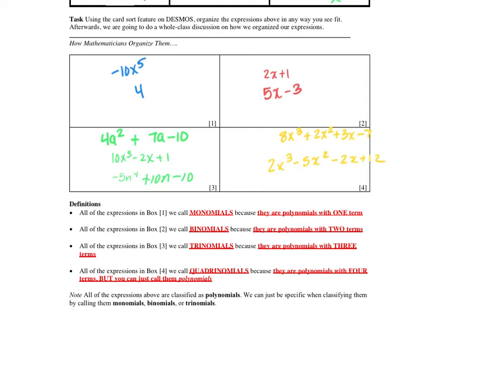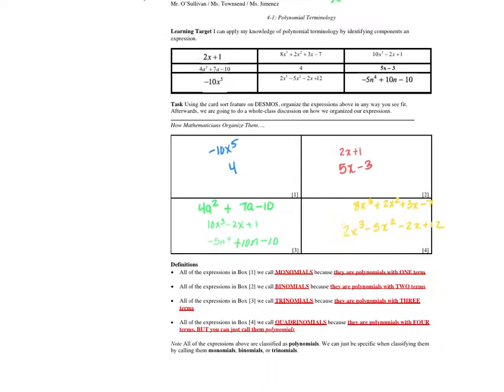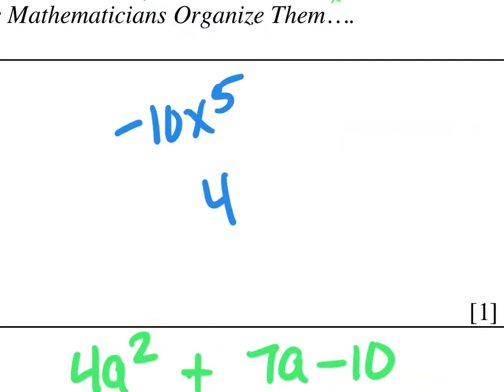If you read this out loud, I only have one term. I can say negative 10x to the fifth, that's one term. I can say 4, that's one term. So every time I have just something by itself like this, that's one term. So these are monomials.